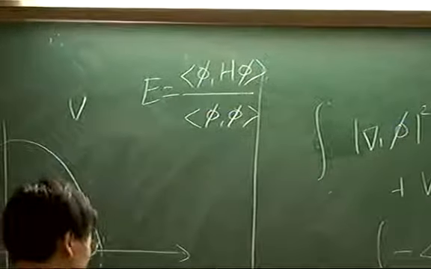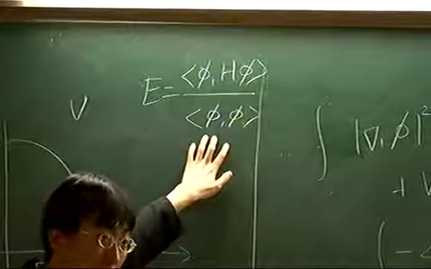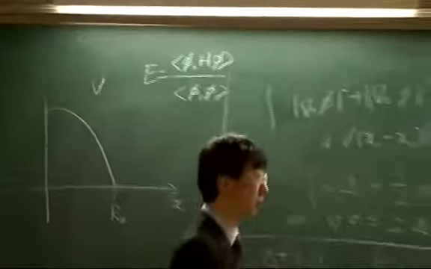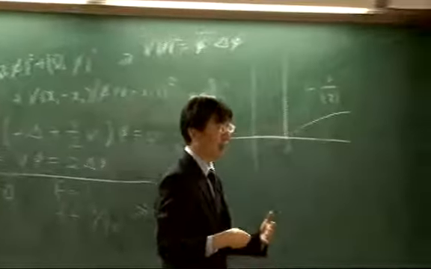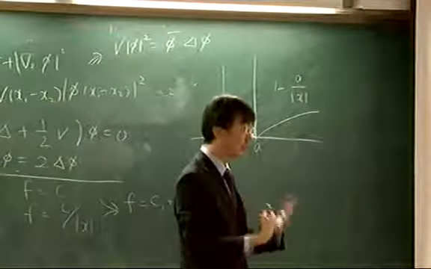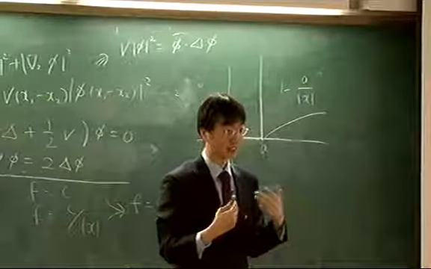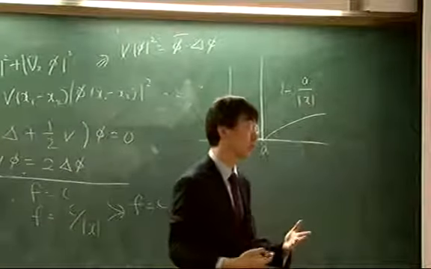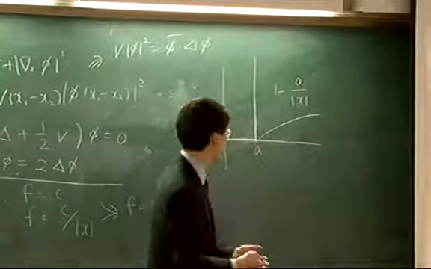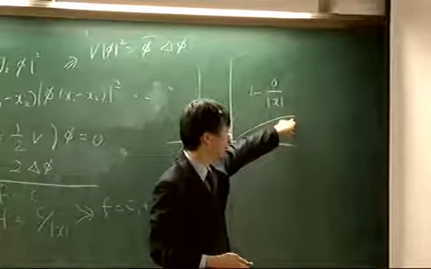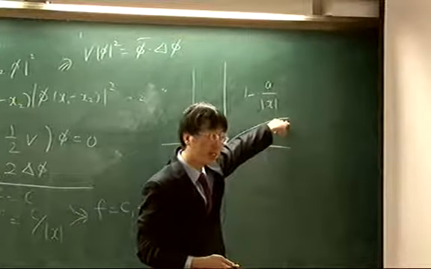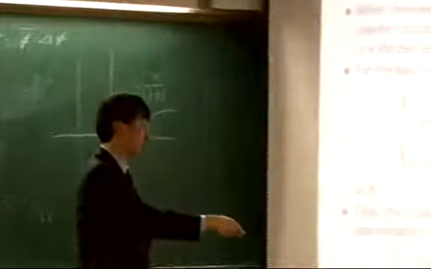So we also need to calculate this term in the denominator. Usually we only consider normalized wave functions, but in this case we have a different type of normalization such that this will tend to 1. So we also need to calculate this thing.